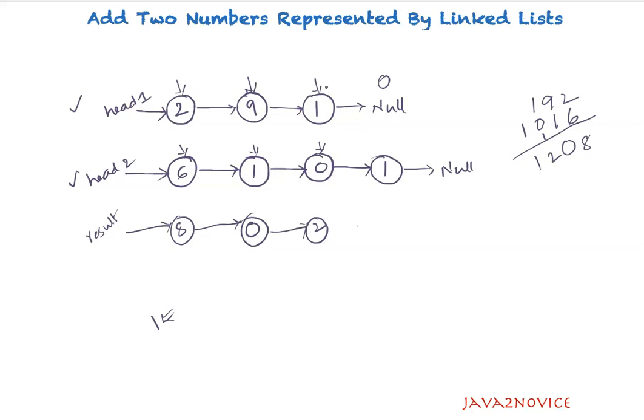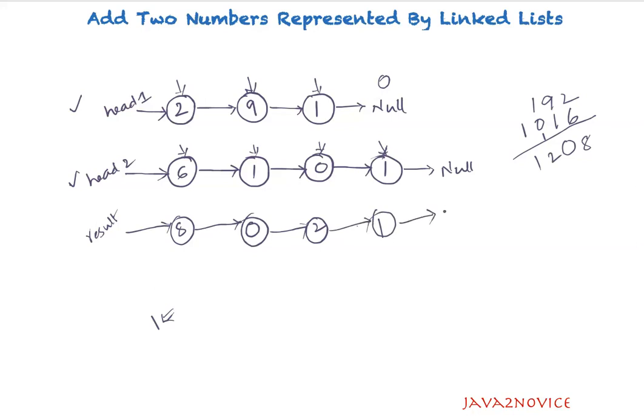Finally, this linked list is done. We reached the last node, but we can still move here. As discussed, when there is no node on another linked list, we assume 0 and we add 1 plus 0 is 1. So we'll add it here and create a node, create a next reference.